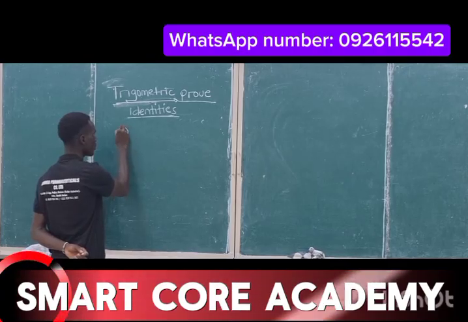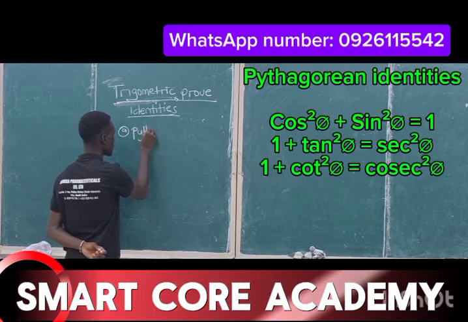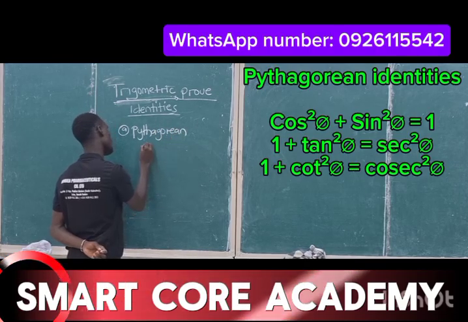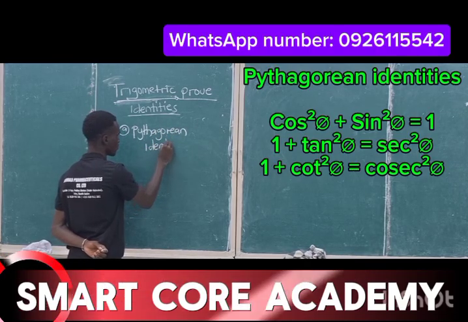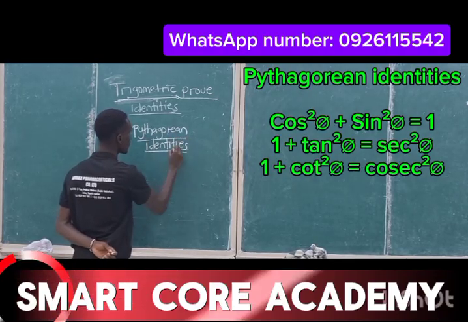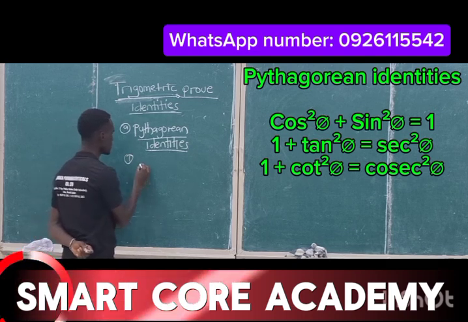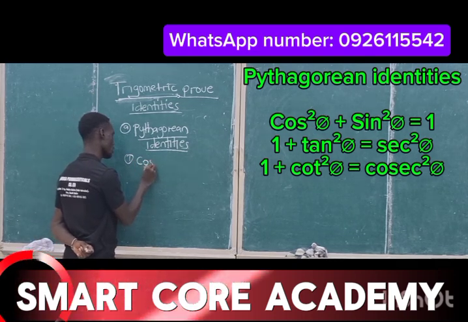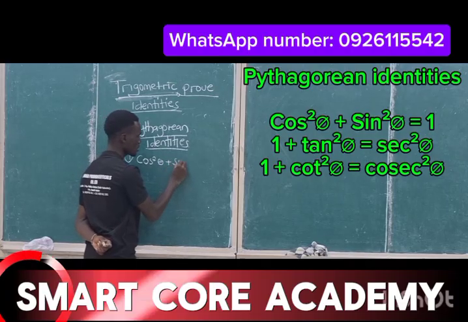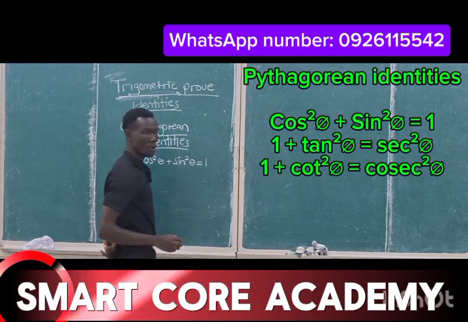Say we have A, what we call the Pythagorean identities. There are three of them. Let's list them one after the other. One, it says that cos square theta plus sine square theta is equals to 1.